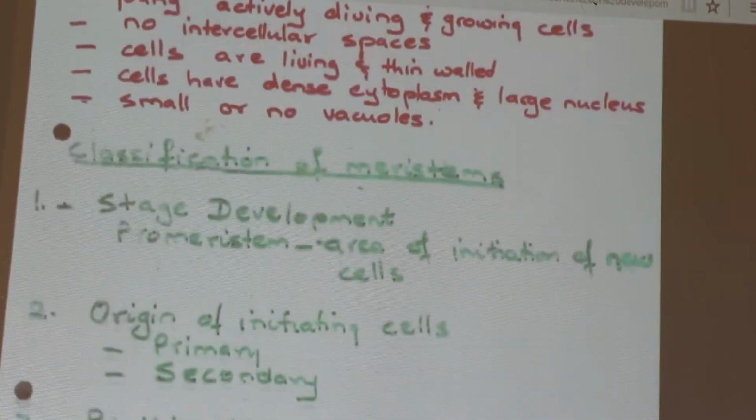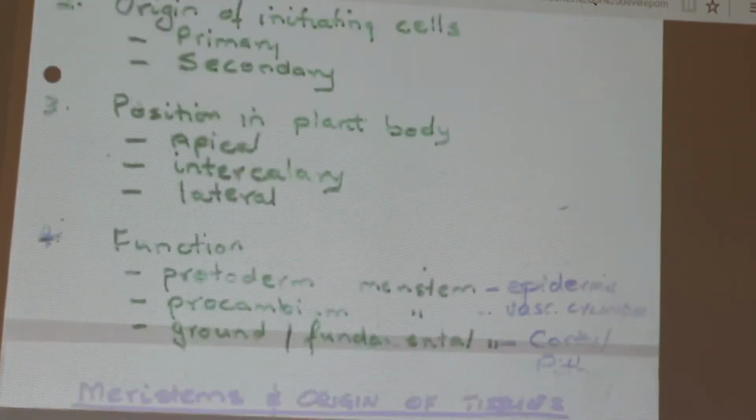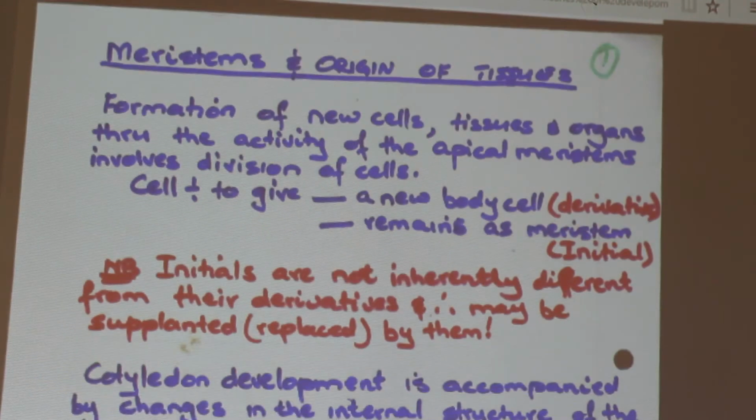Now, meristems function in a particular order. The cell that initially divides is called the initial. If you have a cell and it divides into two, those two cells are exactly the same, but we call one an initial and we call the other one a derivative.